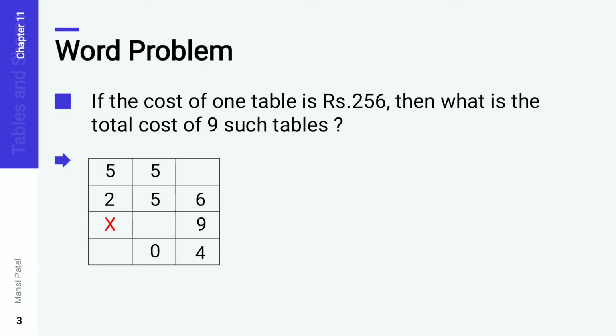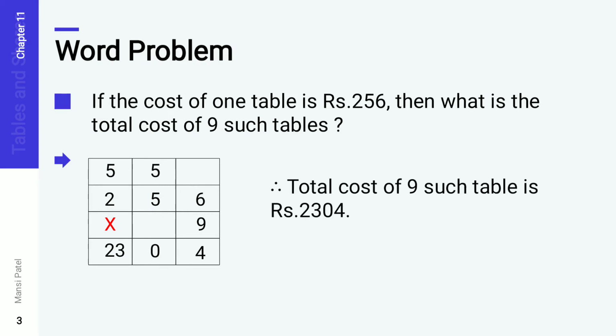Then 9 twos are 18, 18 plus 5 is 23. So what is the total cost for the 9 such tables? Therefore we can say that the total cost of 9 such tables is rupees 2304. This is the total cost of 9 tables.